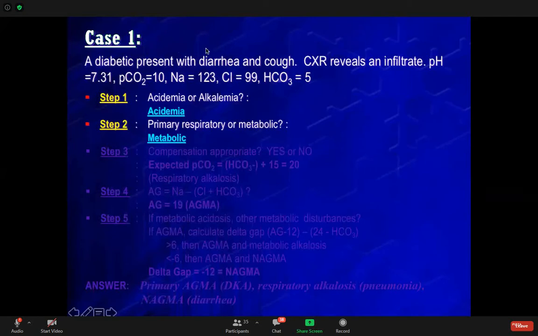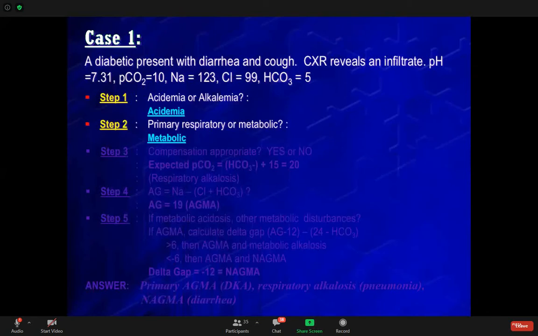Perfect. So المعادلة طبعا I don't expect you to memorize it by now, بس المعادلة is easy. It's 1.5 times your measured bicarb plus 8... Yeah. So the number that should come is your PCO2 should be 20. Is your PCO2 20? No. No, 20.